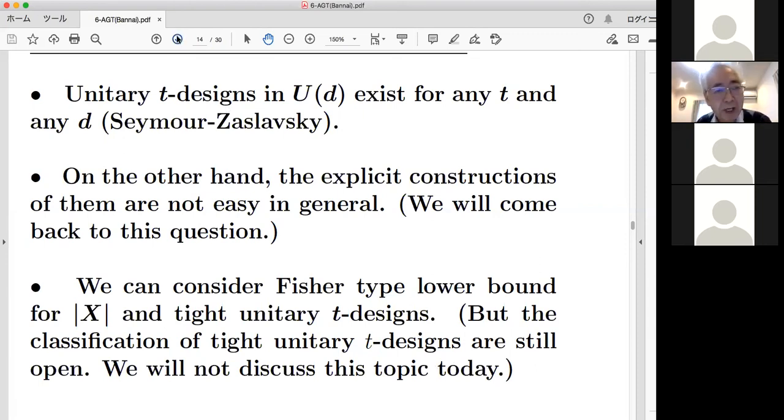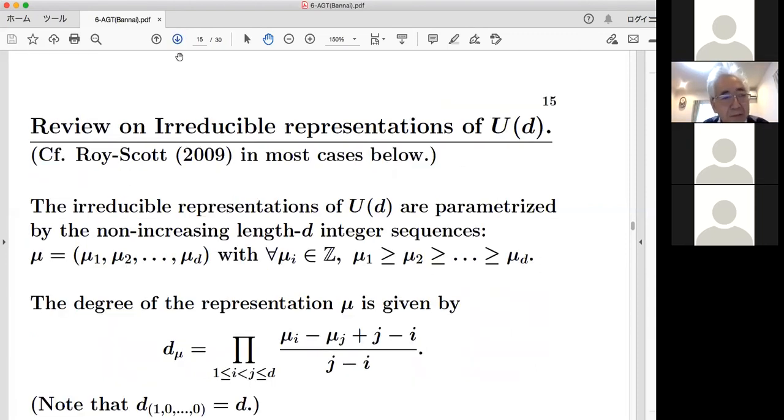Okay. Now, let me quickly review the irreducible representations of unitary groups U(d). This is, for example, described in Roy and Scott's paper. What I mention here can be obtained from this paper.